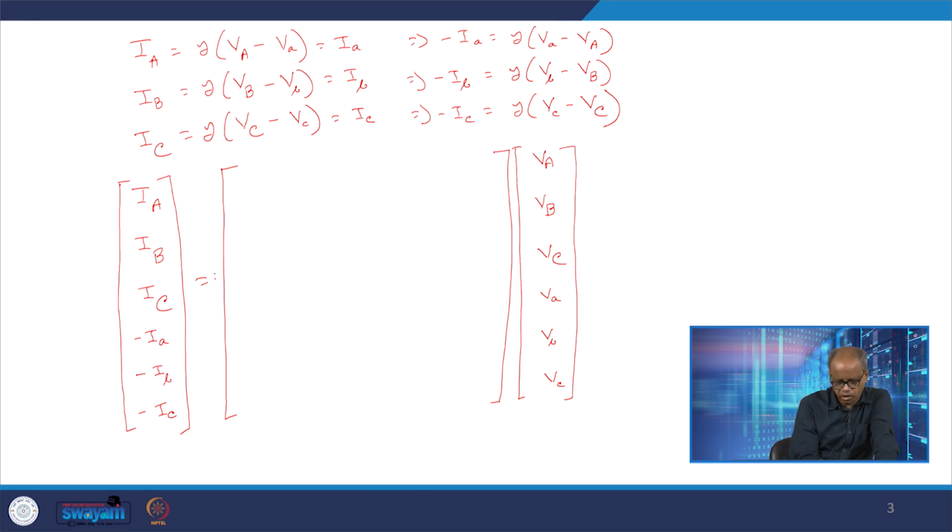So it is all y, so we take y common everywhere. So VA minus VA, so it is 1, 0, 0, then minus 1, 0, 0. Then Y into IB is y into VB minus VB, so 0, 1, 0, 0, minus 1, 0.